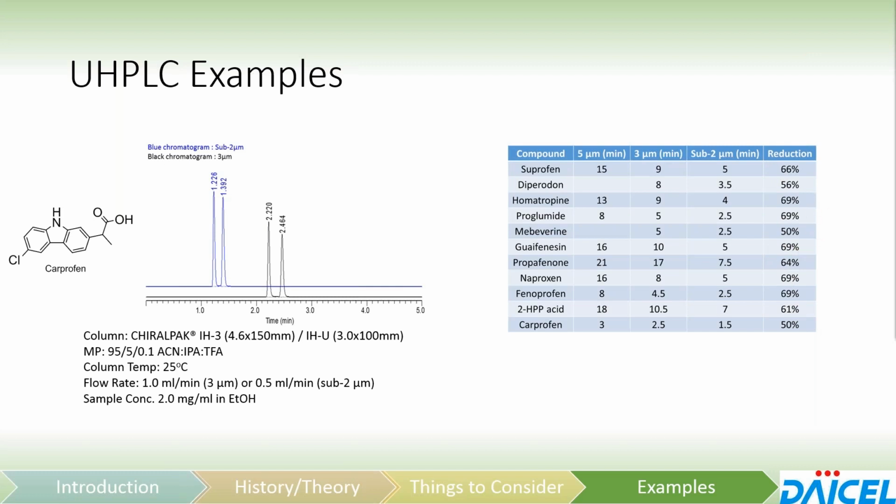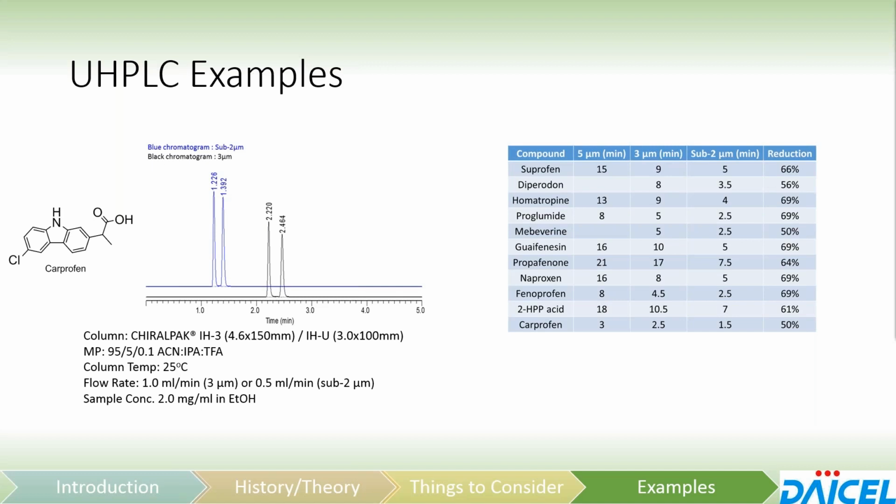And again, these are not optimized methods, so it could even be 80%, 90% if you really push the system, which you can do on sub 2, because if you remember the Van Deemter plots, there is not a dependency on the velocity and the plate height like there is on these larger particle sizes.